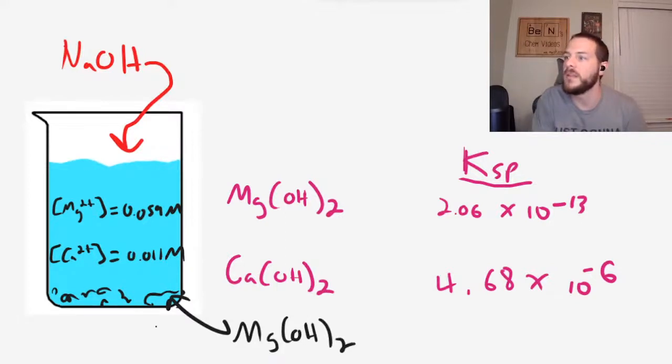That's the precipitate that would crash out of this solution. And meanwhile, your calcium ion would largely remain dissolved in solution. Yeah, probably some of it would precipitate out. I mean, after all, it is an equilibrium process, but there would be significantly less calcium ion in this precipitate than magnesium ion. So this would be a decent separation technique.